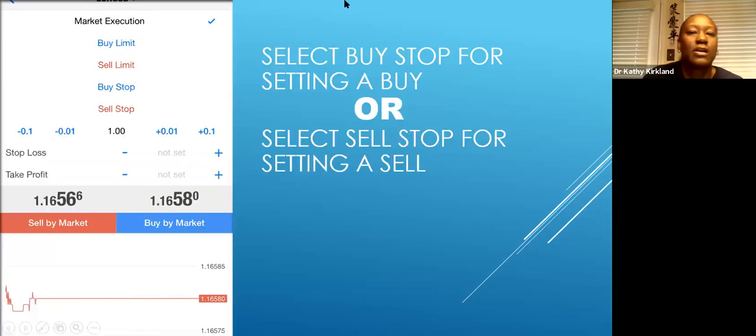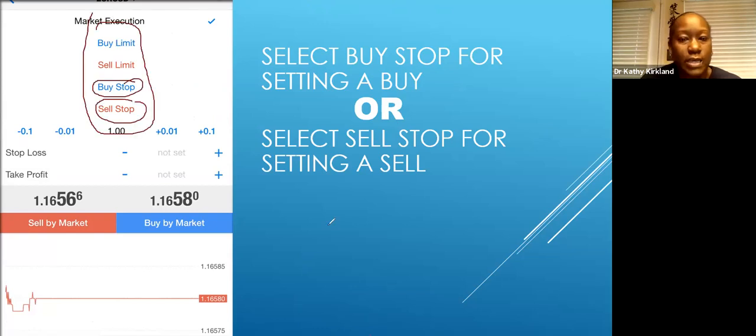All right. So here, as I said before, the drop-down menu comes. This is your drop-down menu right here. You know which one you want. Now, what you'll need to know is that you have to find where current price is.